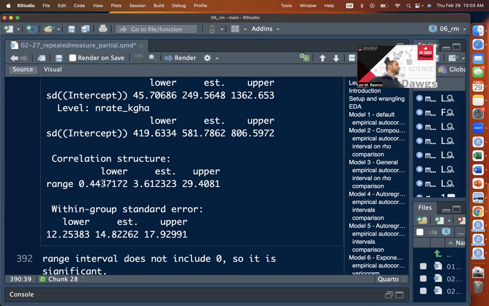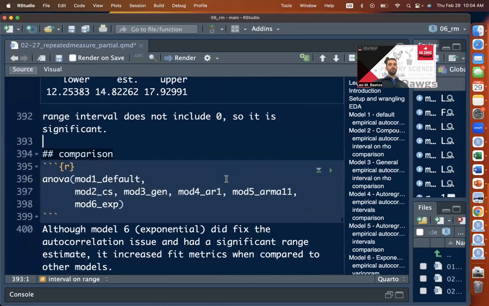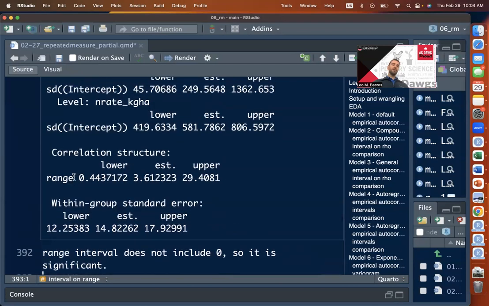So it's saying that correlation would plateau out somewhere between 0.4 days and 29 days, which is basically the whole range of our data. So it's really not useful. It does, however, not include 0. So it is significant, but highly variable.